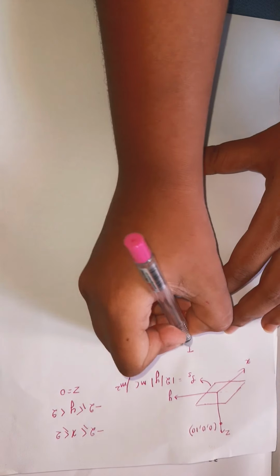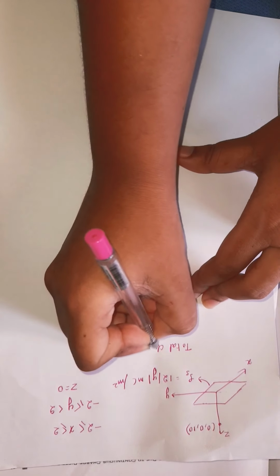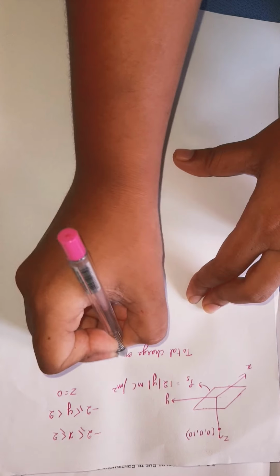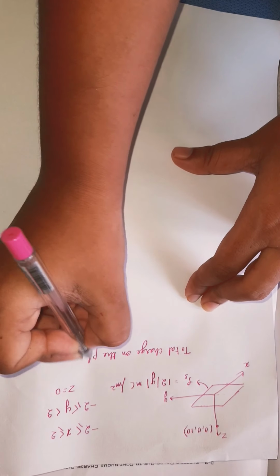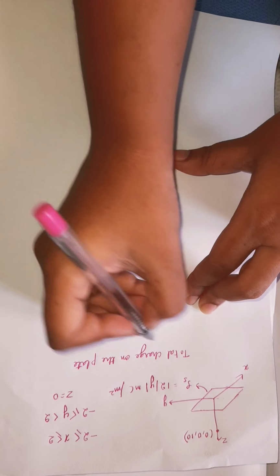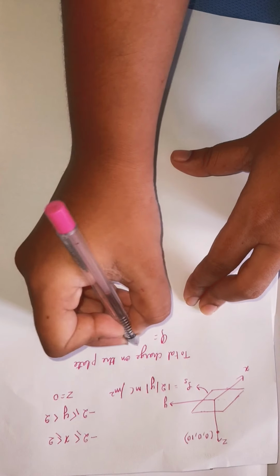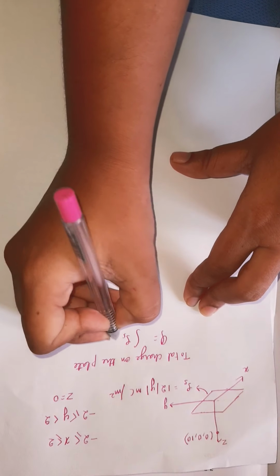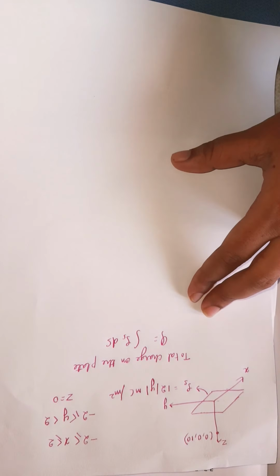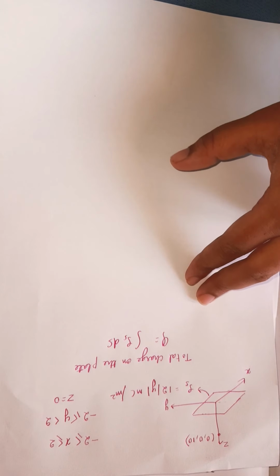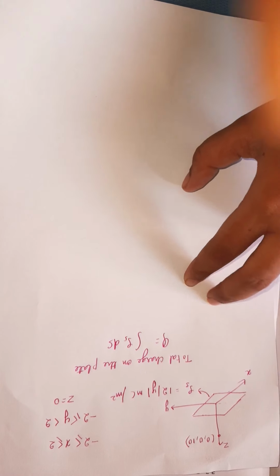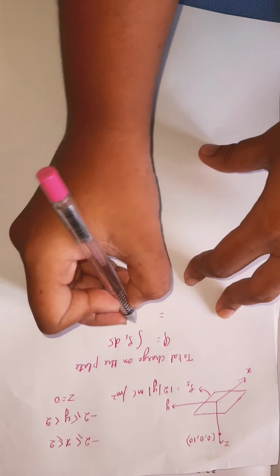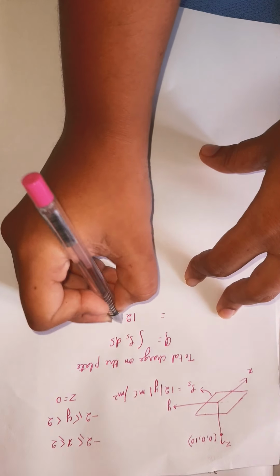Well, total charge on the plate. As we know, when surface charge density is given, we can multiply it by the area and then we can get the charge. This is quite simple. I'll multiply 12 |y|, and what is the area?